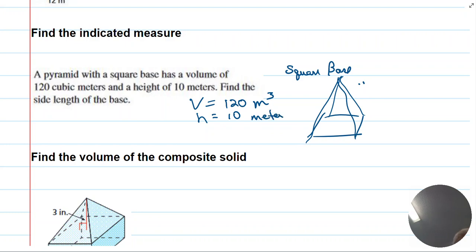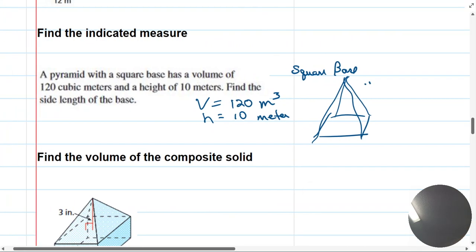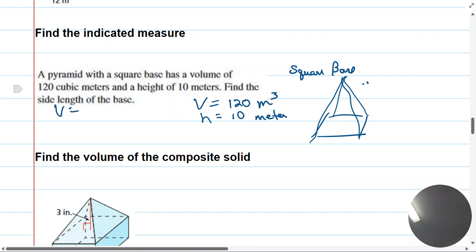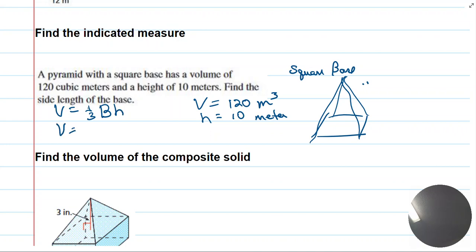All right. So we know volume is 1/3 base times height. Let me erase that. That's too cramped. So our problem is going to be 1/3 times 120 times 10 times this.